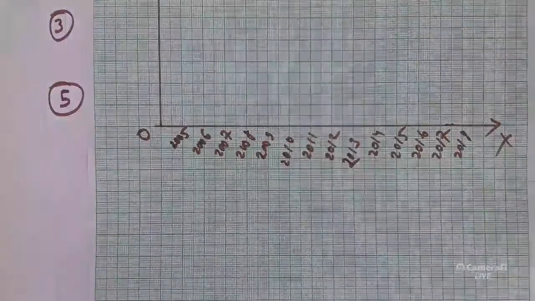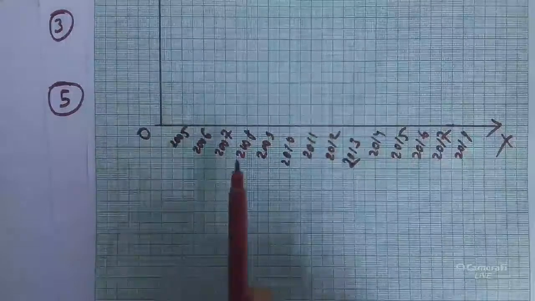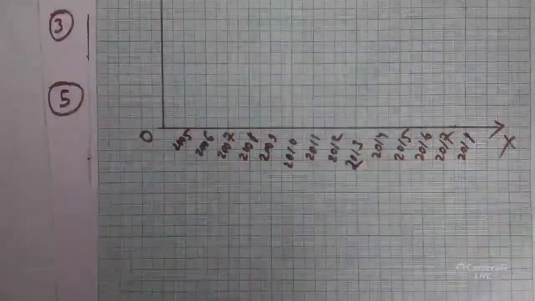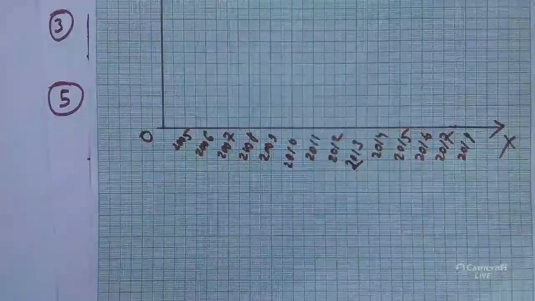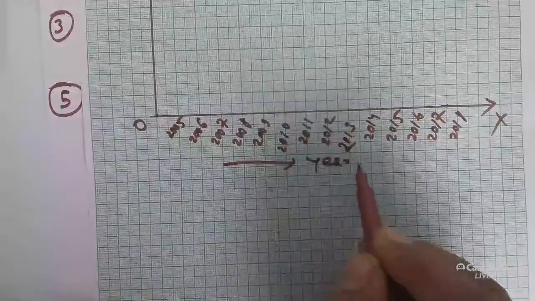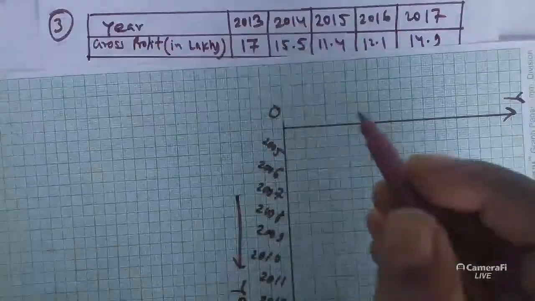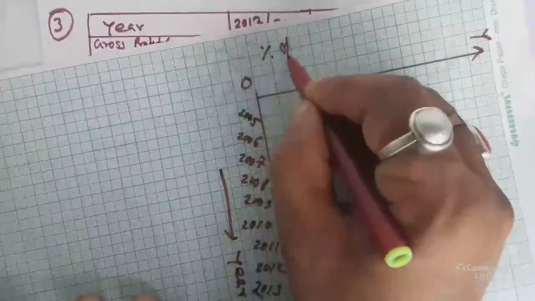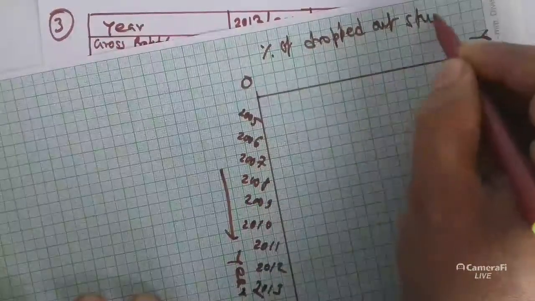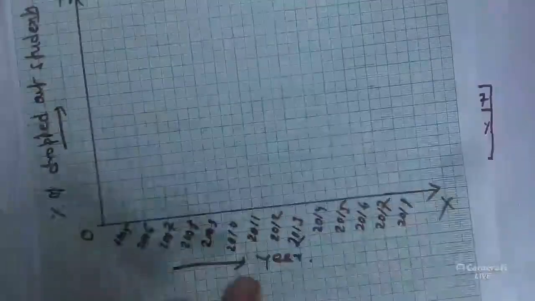Clear? I have taken one extra, no problem. Now along x axis we have to take year, which is already taken, and along y axis we have to take percentage of dropped out students.